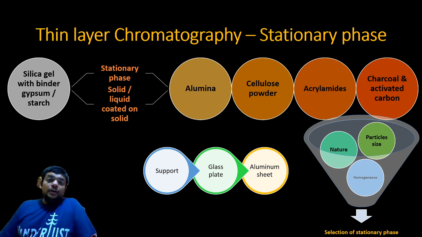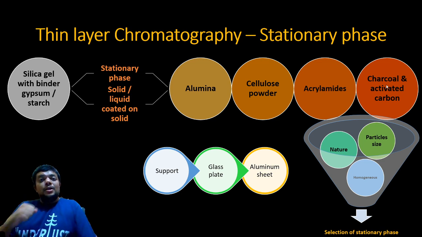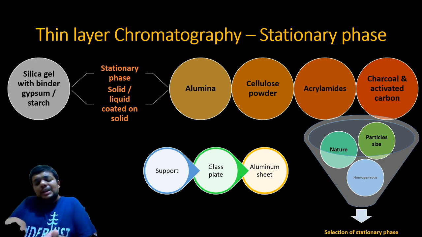Their nature, ranging from non-polar to mid-polar to polar, also plays a very important role. If you look here, cellulose powder can be polar. On the very contrary end, you can also use a few non-polar materials like charcoal and activated carbon as stationary phases. Homogeneity of the stationary phase is also very important. It has to be homogeneous. It should be mixed very well.